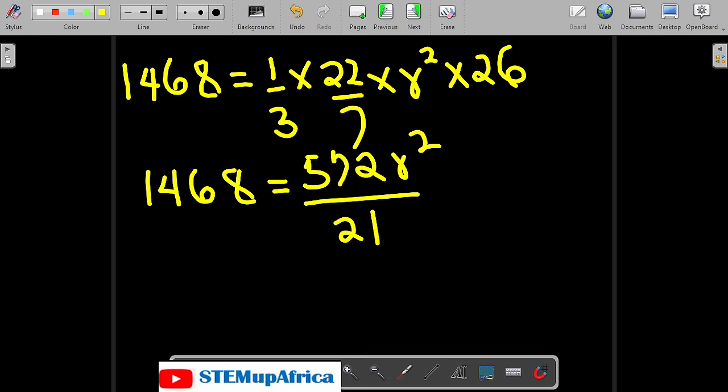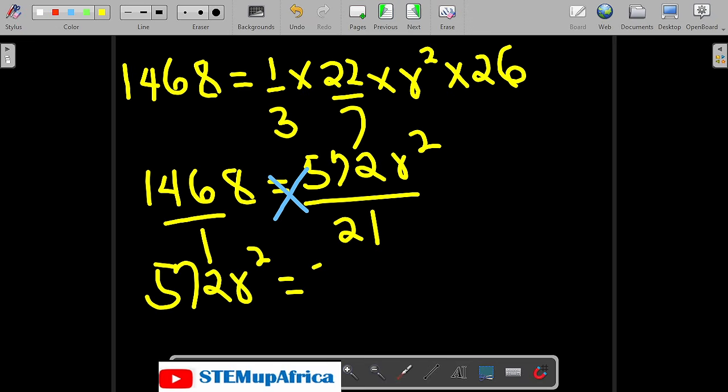So from here I can cross multiply to find the base radius. If I cross multiply, I'm going to have 572 r squared equals 21 times 1468. So let's multiply 1468 times 21.